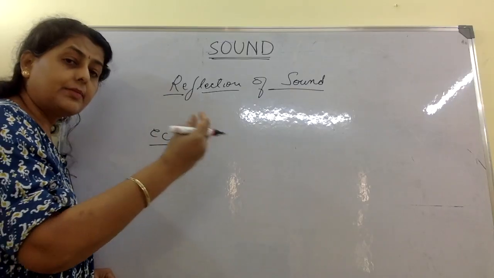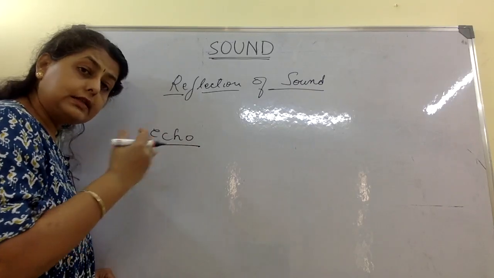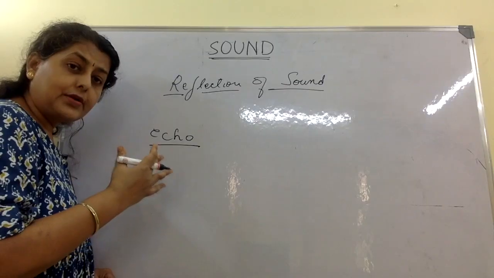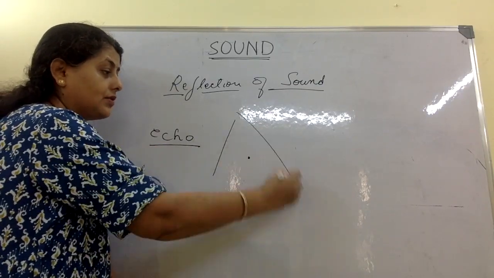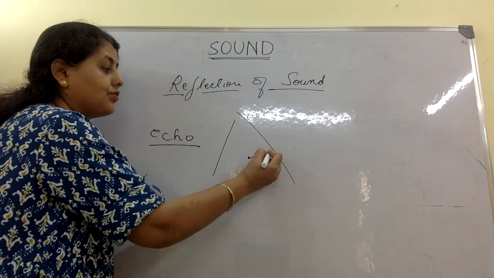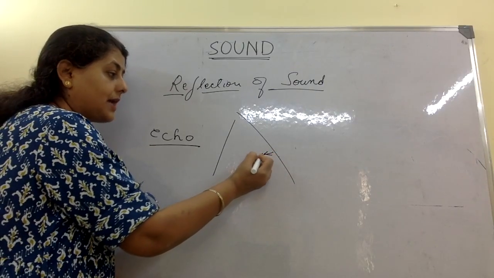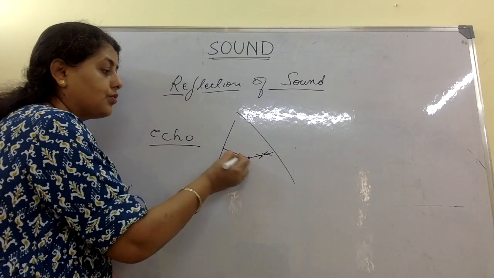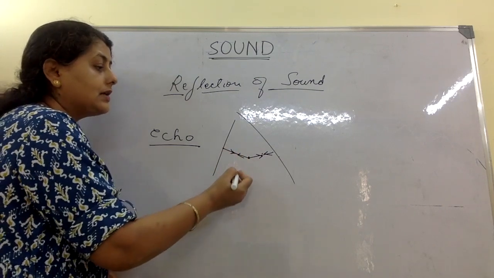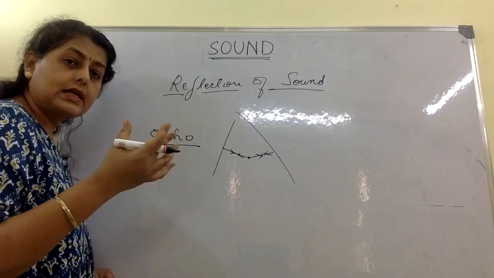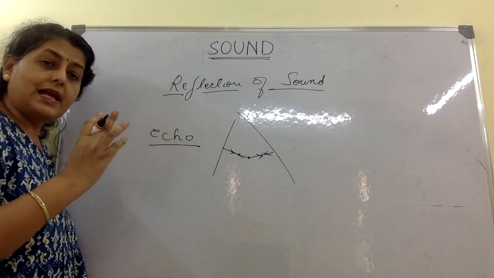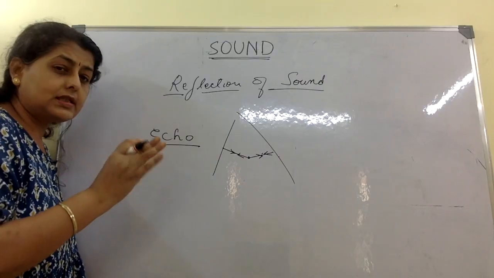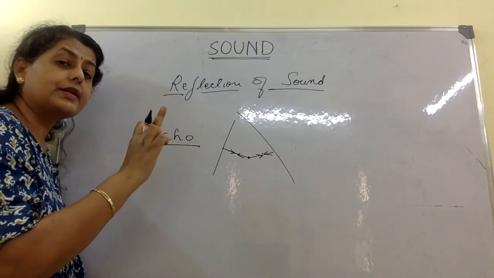If it is coming back to you loud and clear, it is an echo. You are speaking, and the sound reflects back to you, and that you hear, that is an echo. It won't be as clear as the original sound, but if it is more or less clear, we call it an echo.